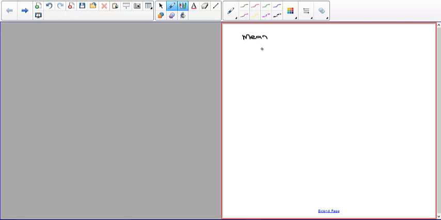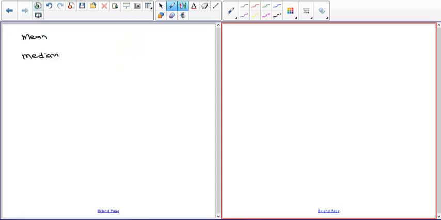The first thing we can talk about is mean and median. We had a number of homework problems associated with these two. The way that I would test you on mean is I would give you a reasonable number of values. Here's 4 numbers, though I might give you more.